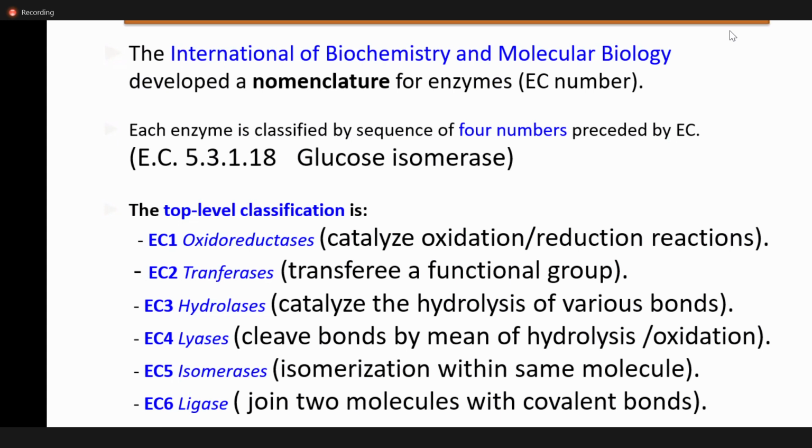And hydrolases catalyze the hydrolysis of various bonds. Also, transferases transfer a functional group.